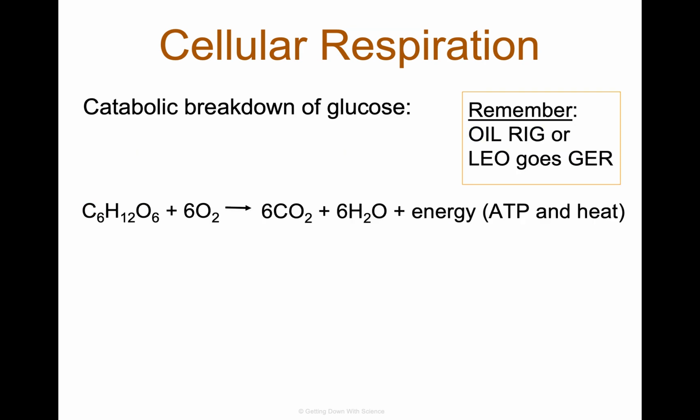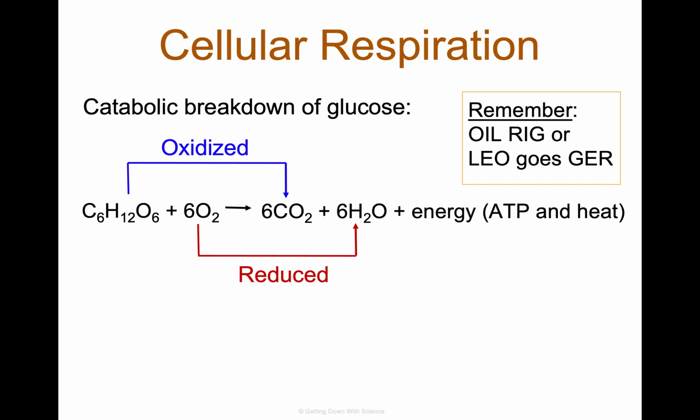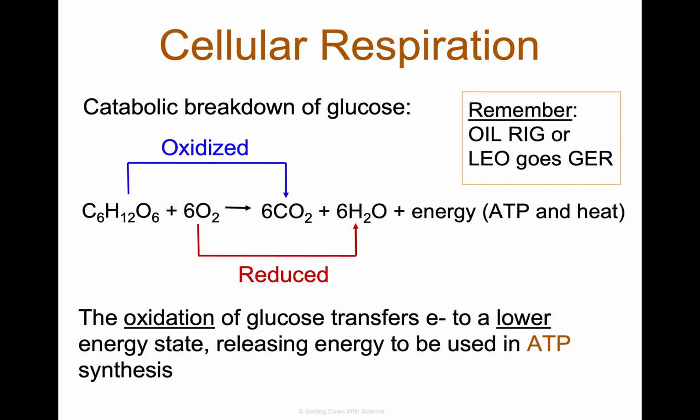So here's the catabolic breakdown of glucose. You can see here C6H12O6, that's a molecule of glucose. You add 6 oxygen molecules to that, and you get 6 carbon dioxide molecules, 6 water molecules, ATP, and heat. Remember, LEO goes GER, so oxidation reactions are losing an electron, and reductions are gaining.